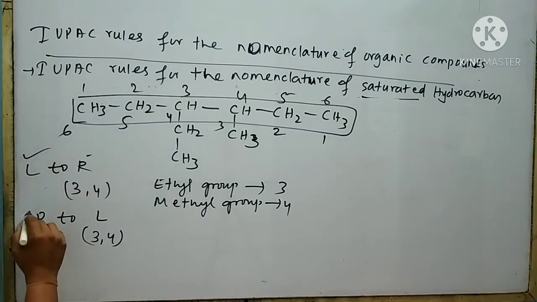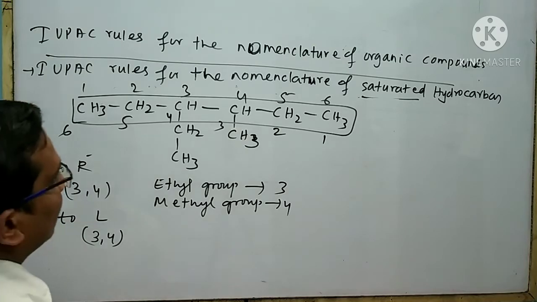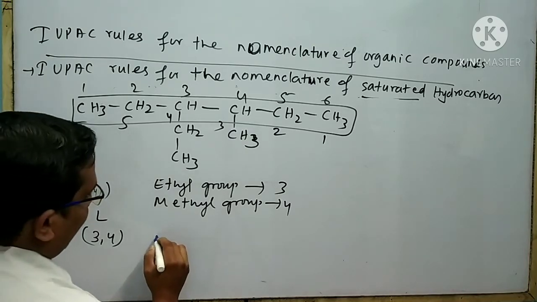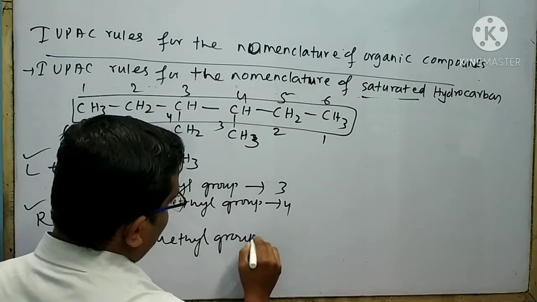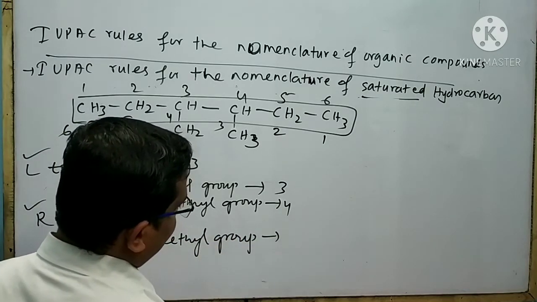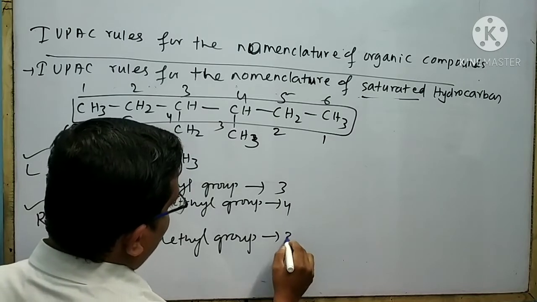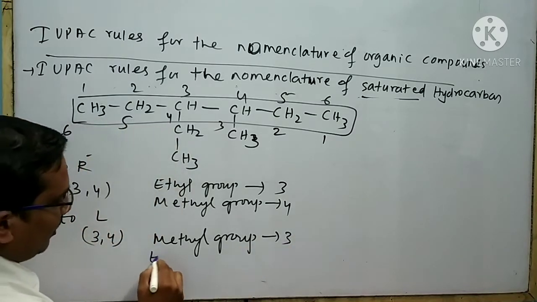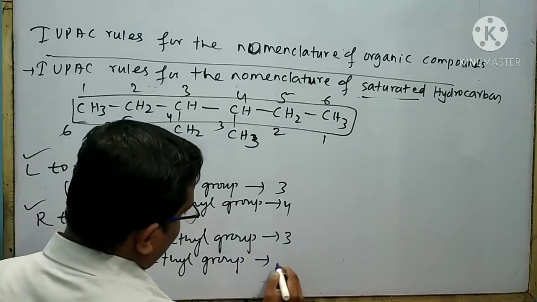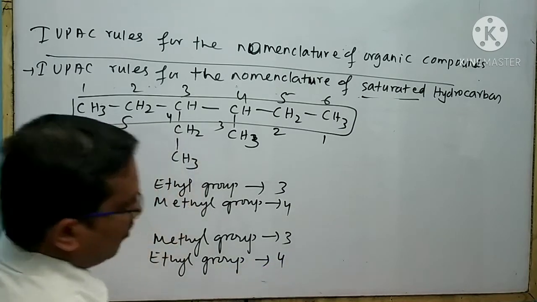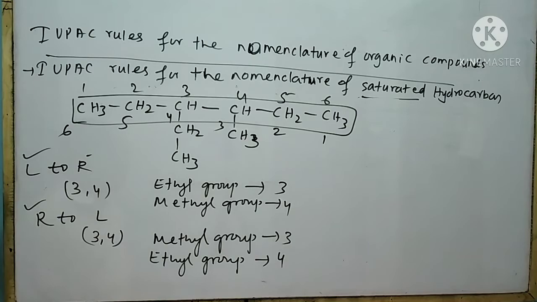If I think about the right to left numbering, then the methyl group gets number 3, while the ethyl group gets number 4. There is a problem.